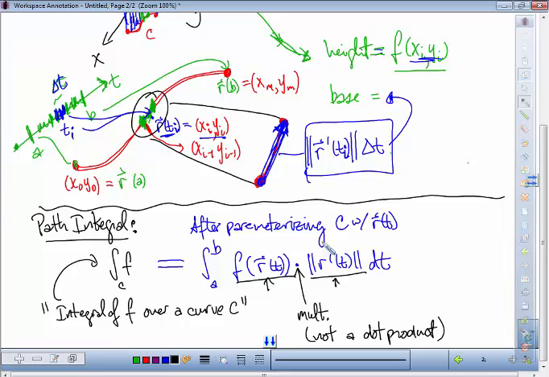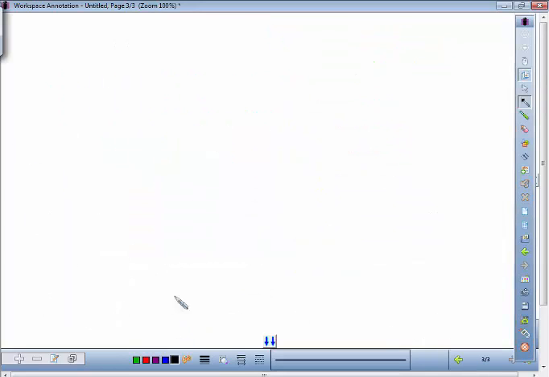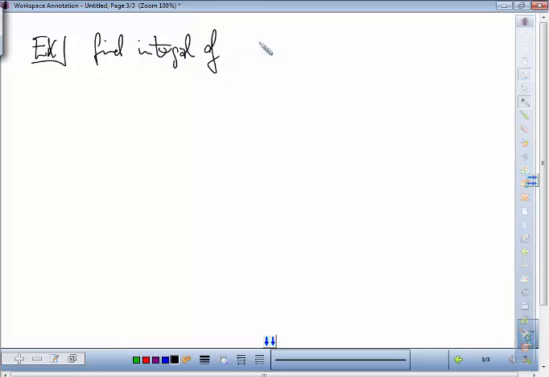Let's do an example. For an example, let's find the integral of a function f of x, y, and let's take the hyperbolic paraboloid.